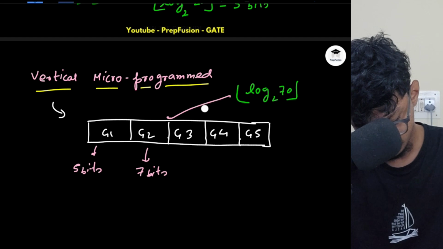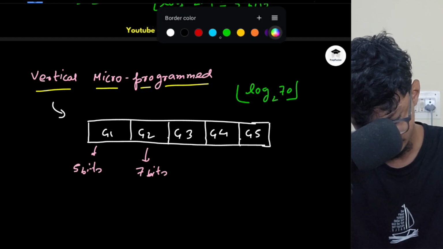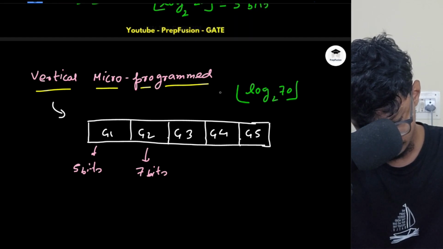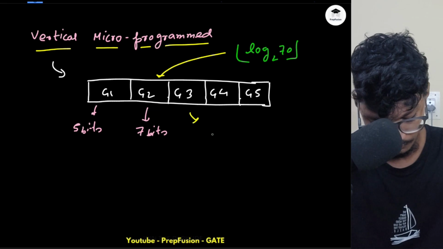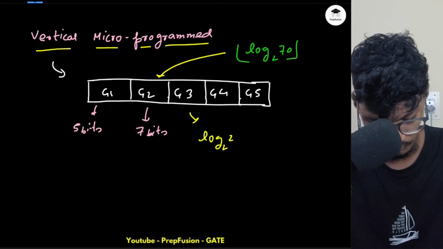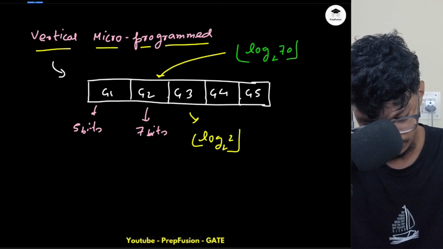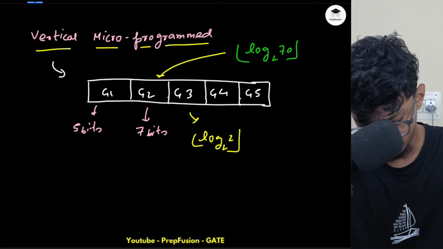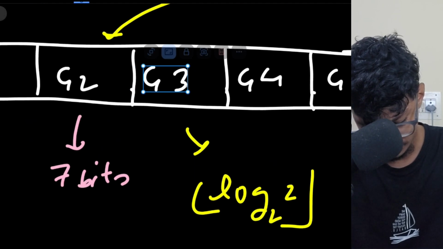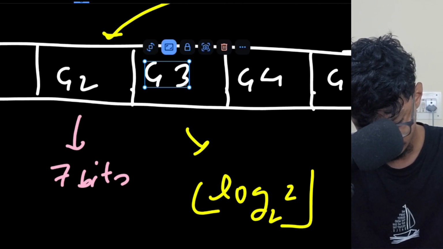This is for this group. So this is becoming messy. And for here it is log base 2 of 2. It will be a single bit, right? That has already been proven. So side by side I will write the bits actually. That will be helpful for us.